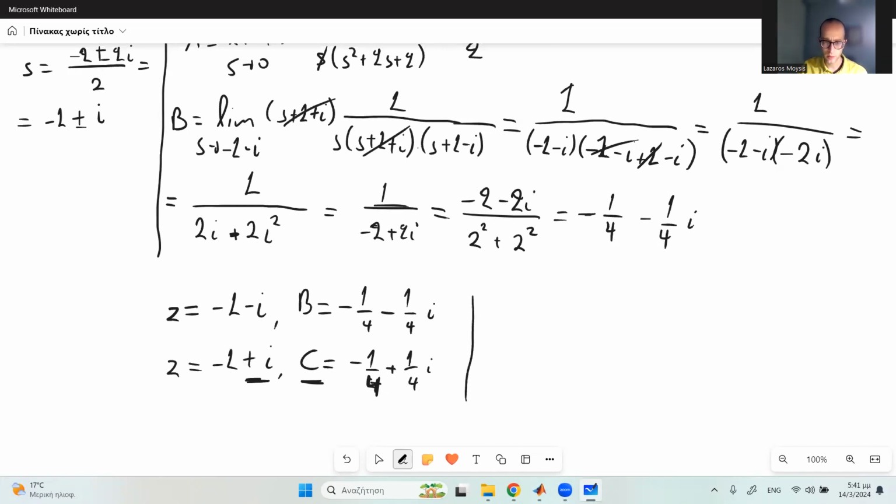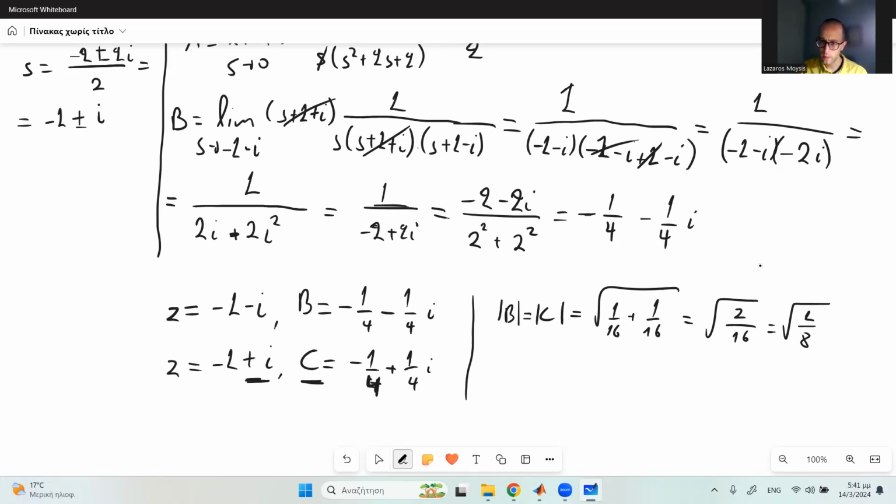So let's see. Of course, for both of these, their magnitude is the same. We have 1 over 16 plus 1 over 16, which gives us 2 over 16. So we have the root of 1 over 8. So we have the root of 2 sqrt of 2.